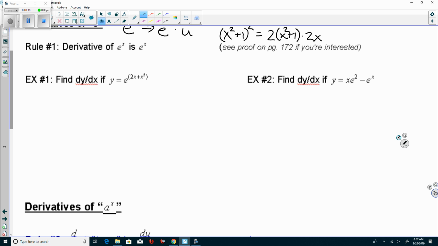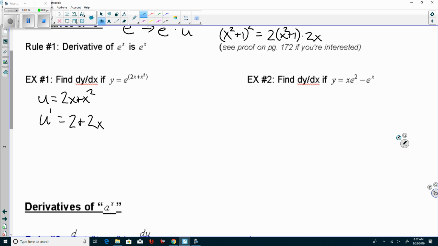So if we want to find the derivative of y with respect to x, where y equals e to the 2x plus x squared, that is simply going to be e to the u. So we'll represent what u is. U is 2x plus x squared. U prime is going to be 2 plus 2x.